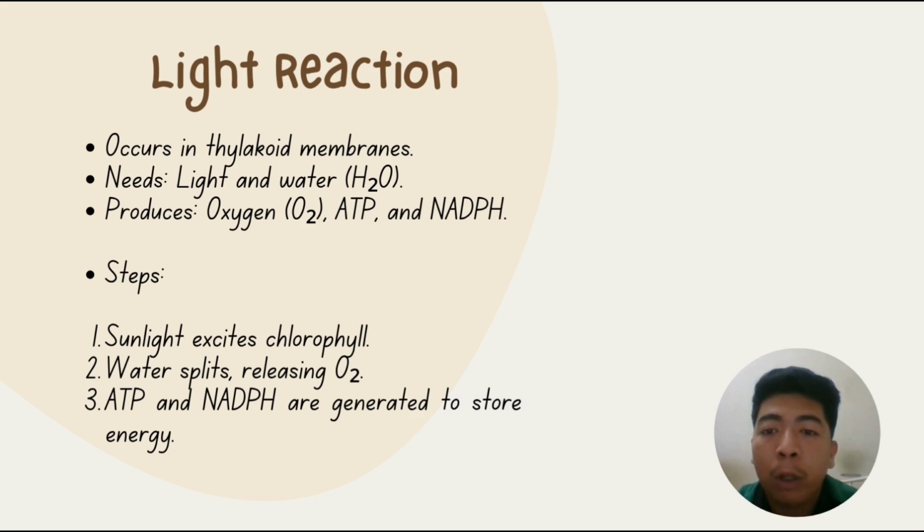Meanwhile, water molecules absorbed by the plant are split in a process known as photolysis, releasing oxygen as the waste product, protons and electrons. As the electrons move along the chain, their energy is used to form ATP, a key energy molecule, and NADPH, another molecule that carries high-energy electrons. These two products, ATP and NADPH, are then used in the next stage, the dark reaction.